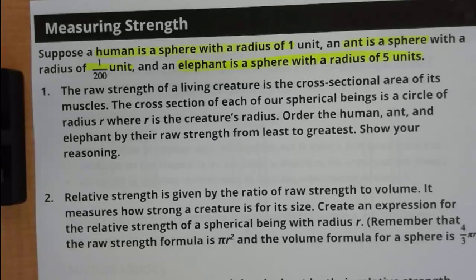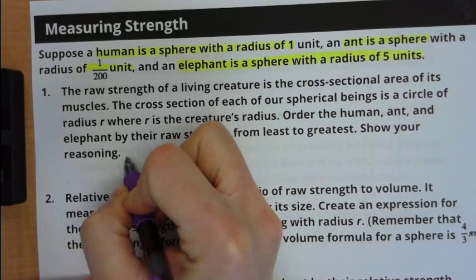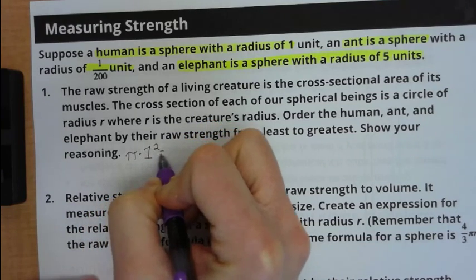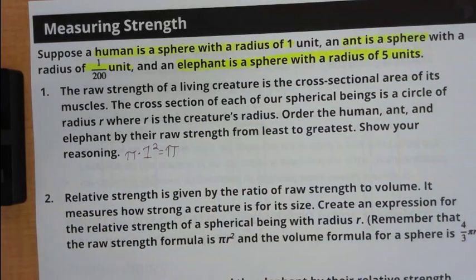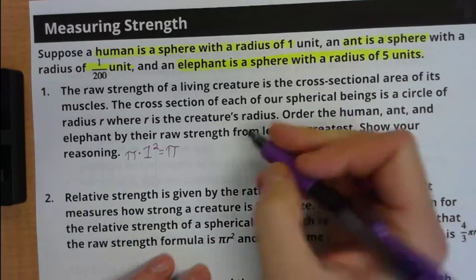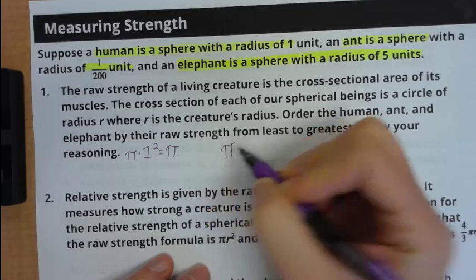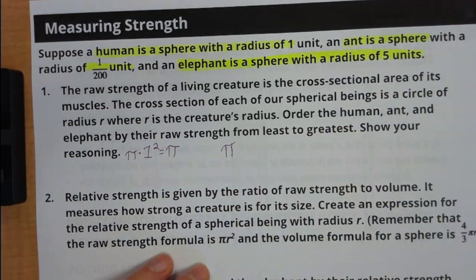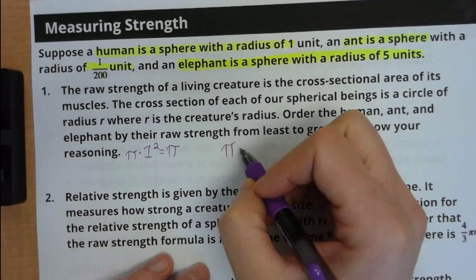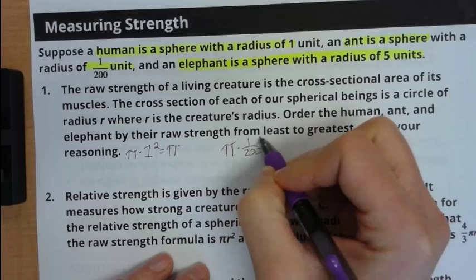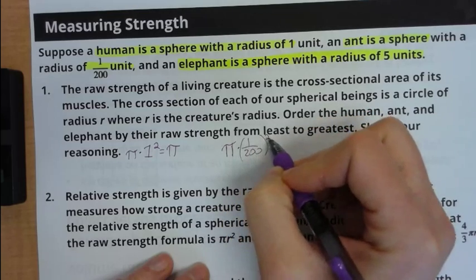First, our human is pi times 1 squared, so that's just pi. Our ant is pi times 1/200 squared.